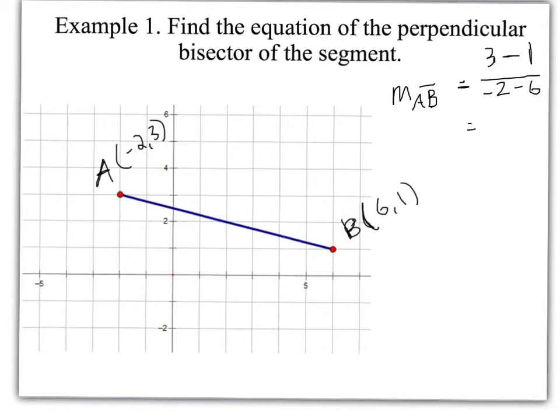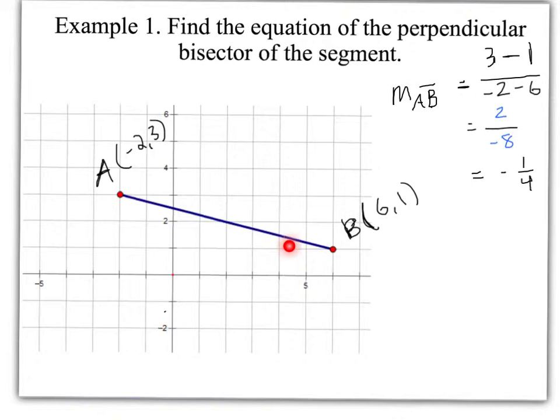Hopefully you would like how this simplifies. I think negative 2 over 8, which simplifies to negative 1/4. That should hopefully feel pretty good to you, given that this line slopes down, or it leans to the left, which is what lines with negative slope do.